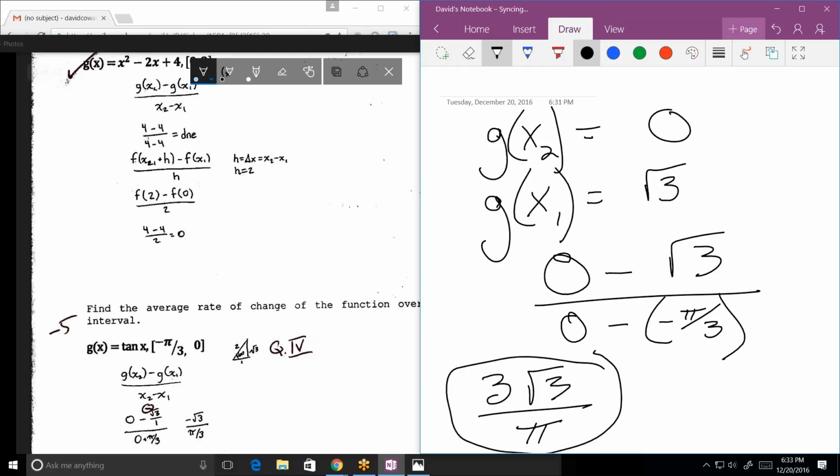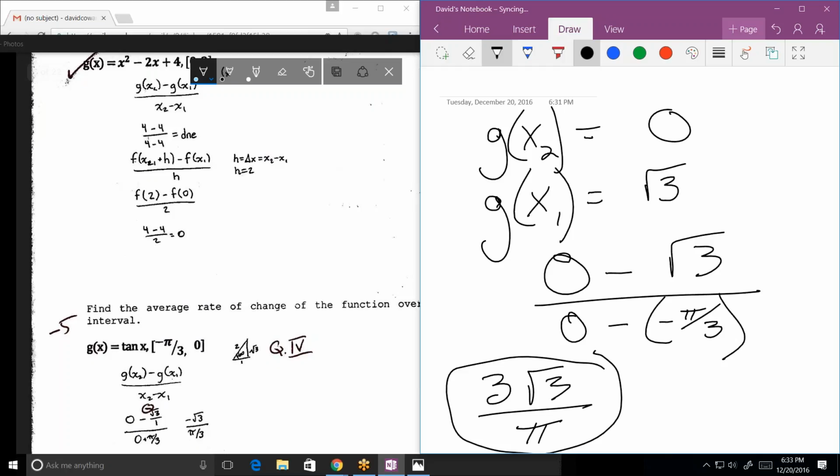That was the average rate of change. And you get that also if you flip the denominator and multiply, which you always want to do. In other words, you always want to simplify this. You don't ever want to have a quotient in your denominator because there's no reason to have it. It can always be simplified. You're always going to flip and multiply. So I end up with root 3 over pi.